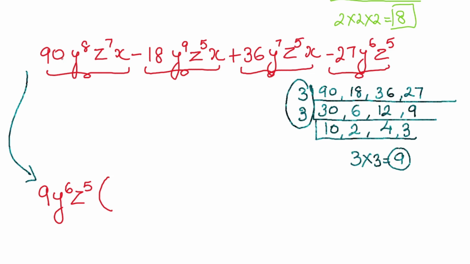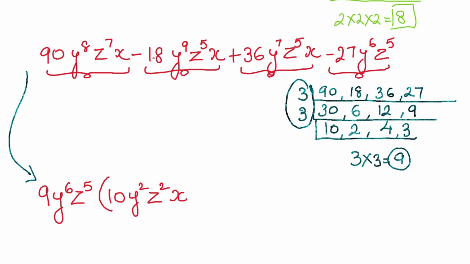So 90 divided by 9 is a 10. Out of the 8 y's being multiplied, I've taken 6 y's common, so I'm left with 2 y's. Out of the 7 z's, 5 z's are common, so left with 2 z's. And we haven't taken x common at all, so x will be there as such.